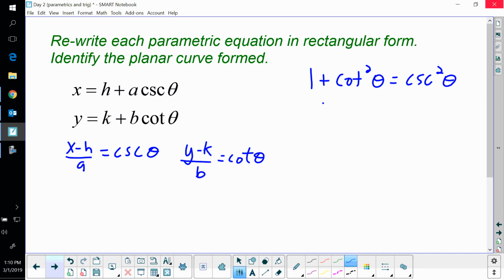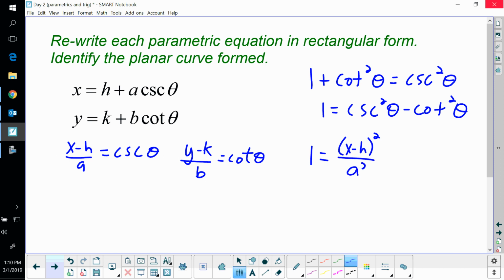So when we get the 1 by itself, we're really going to do cosecant squared theta minus cotangent squared theta. So in our case, if we fill in our cosecant theta, that's going to be x minus h squared over a squared minus y minus k squared over b squared. We've got both parts squared, we've got a minus, so this would be a hyperbola.